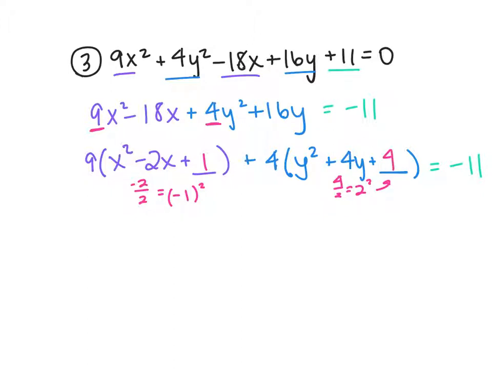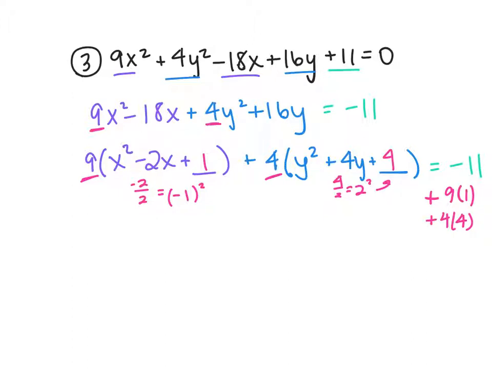So now when we go to add, because remember whatever we add to the left side, we have to add to the right side. The key, since we have this piece factored out, sure, for the x's we just added a 1, but it's in the 9 parentheses. So we're technically adding 9 times 1. For the y's, we only added 4, but it's inside parentheses being multiplied by 4. So we have to add 4 times 4.